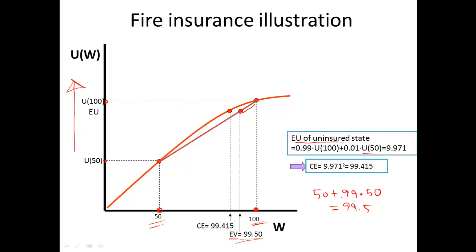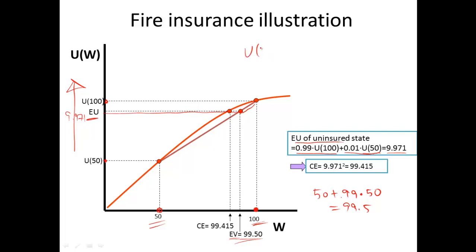How happy am I? It's right here, the expected utility. So if we calculate that out, 0.99 times the utility of 100 plus 0.01 times the utility of 50 equals 9.971. So there we are. That's 9.971.